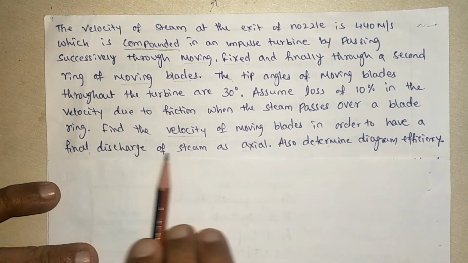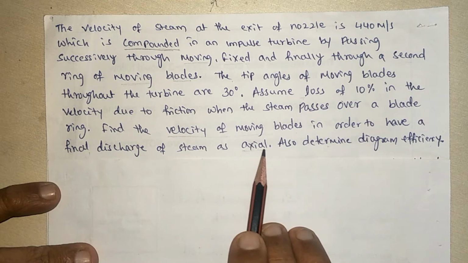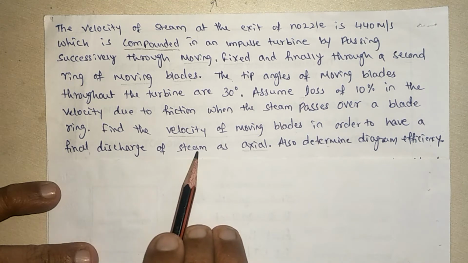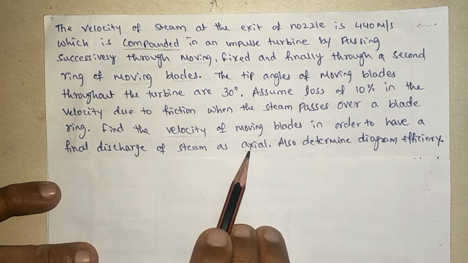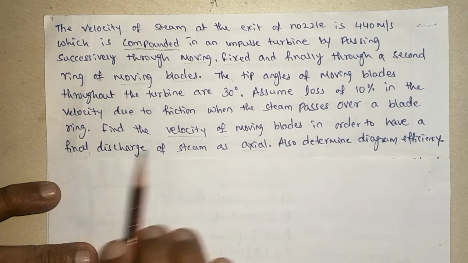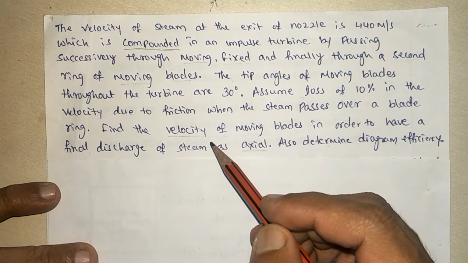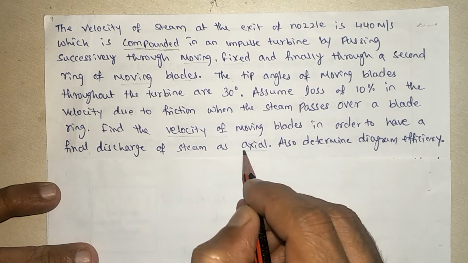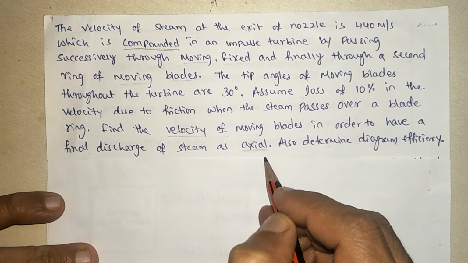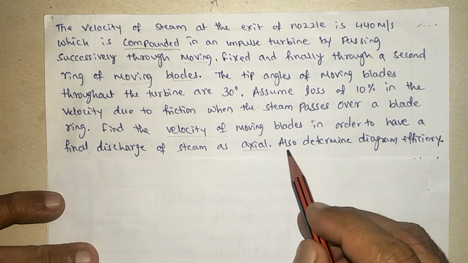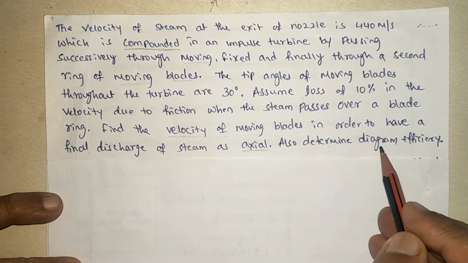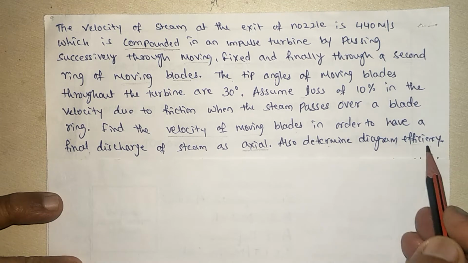Because the final discharge of the steam is axial, it is clearly mentioned here. So this alpha 2 value should be 90 degree, as the final discharge of the steam is axial, meaning alpha 4 here. In case of a two-stage turbine, this alpha 4 value should be 90 degree. Also determine the diagram efficiency. So here we need to calculate the value of diagram efficiency, okay?